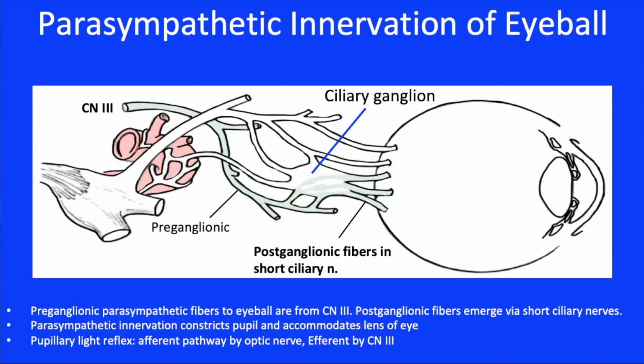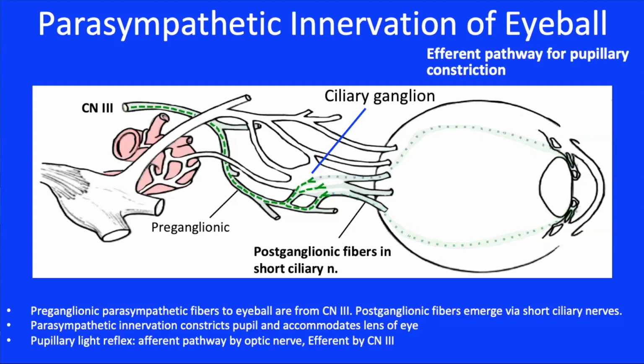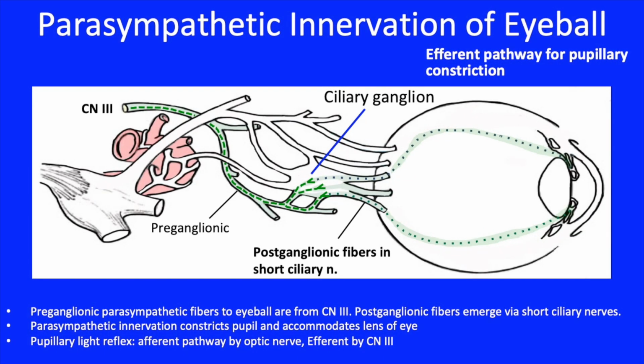The preganglionic parasympathetic fibers to the ganglion will arrive there from the oculomotor nerve. Once there, the fibers will synapse at the ciliary ganglion and exit the ganglion as postganglionic fibers via the short ciliary fibers to constrict the pupil and accommodate the lens.